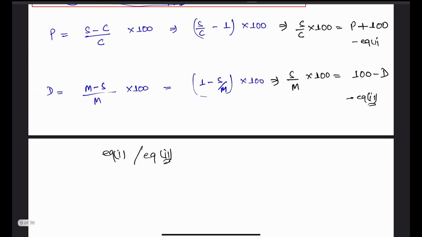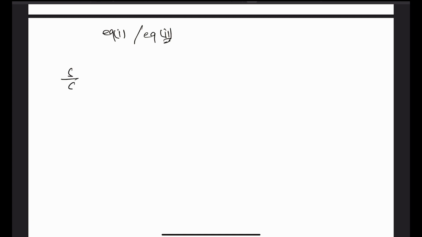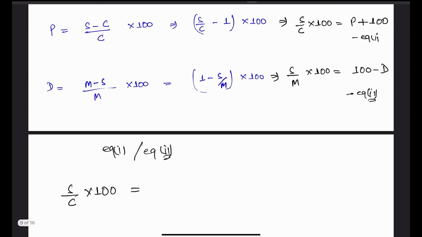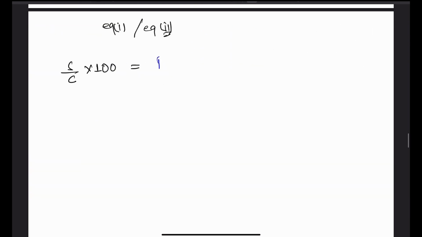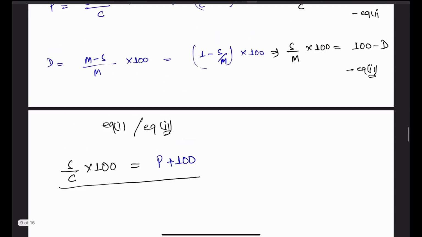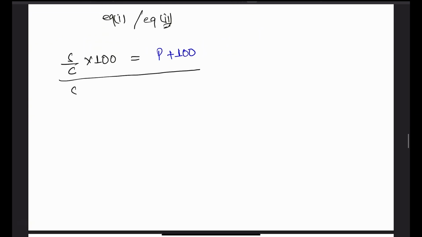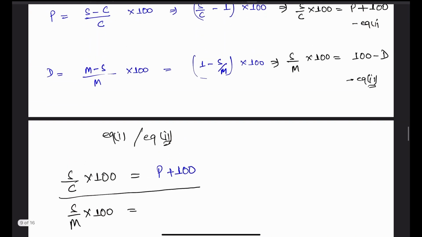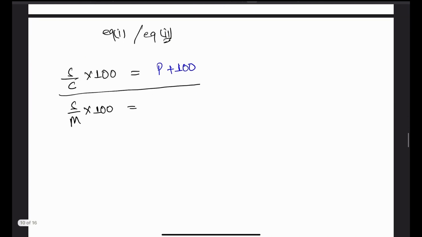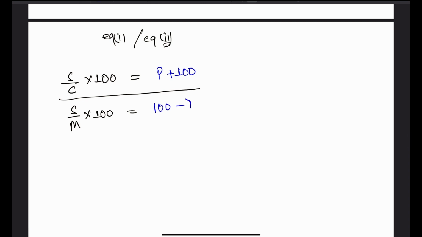So S by C into 100 equal to P plus 100, divided by S by M into 100 equal to 100 minus D. This 100 will go away, this S will go away.